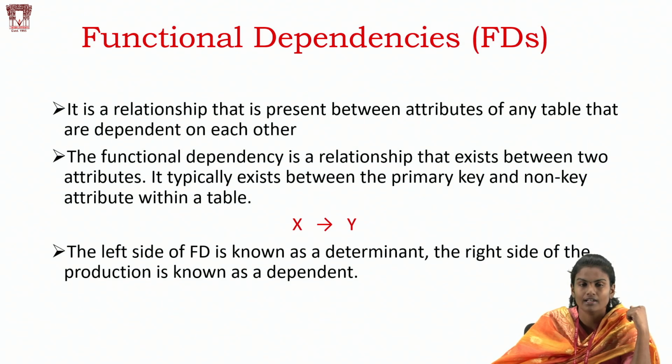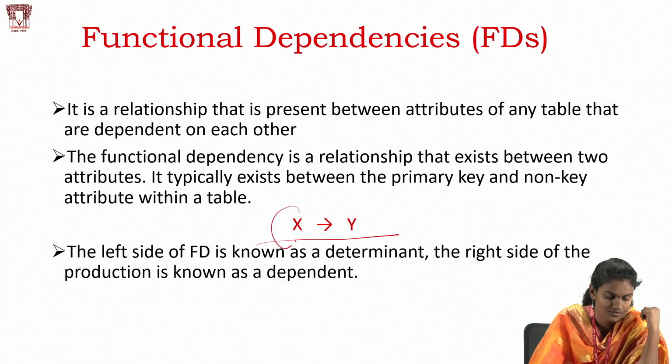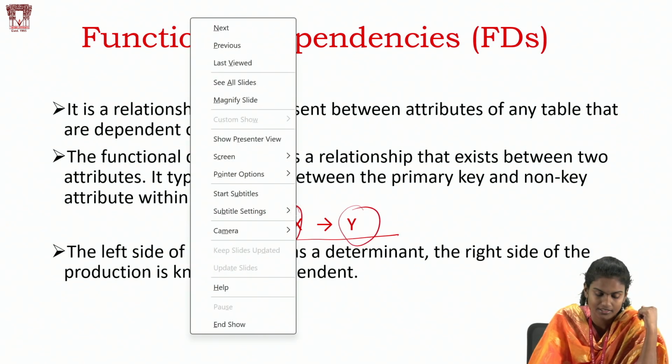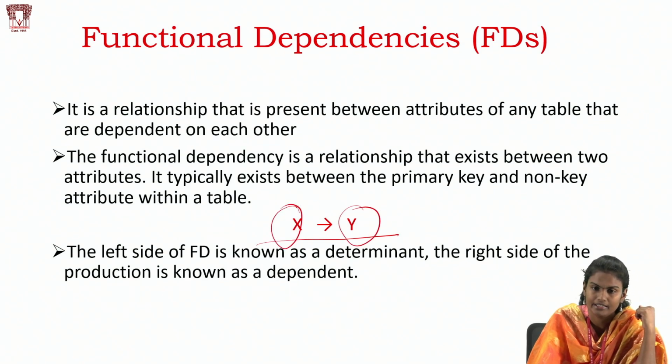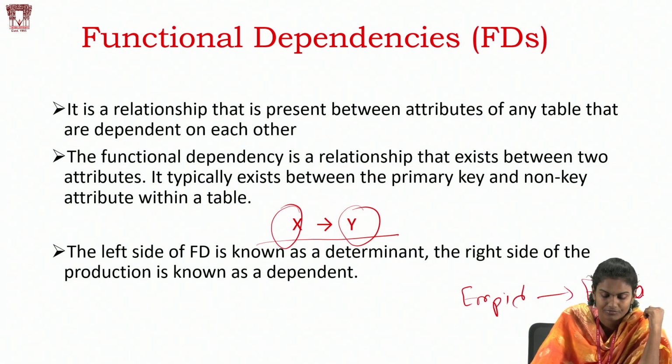Now let's see. X tends to Y. Here X is one attribute, Y is one attribute. X is called the determinant, Y is called the dependent. Y attribute is depending on the X attribute. It means, let's take employee ID and employee name.